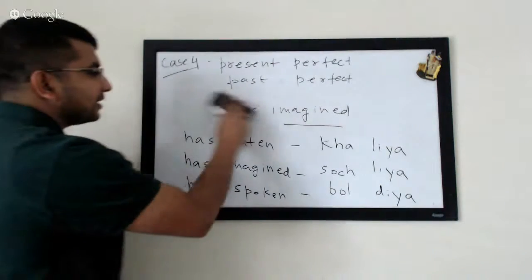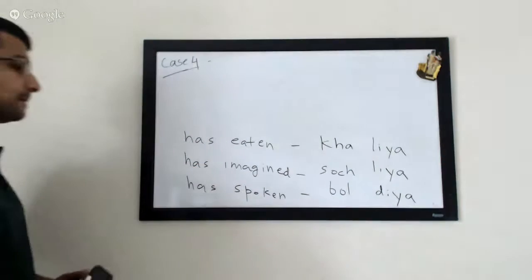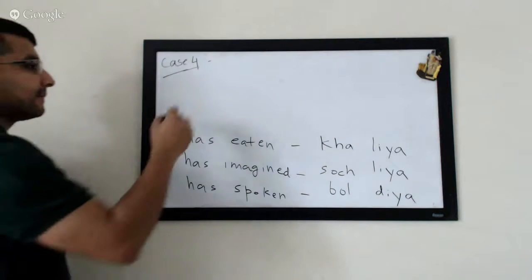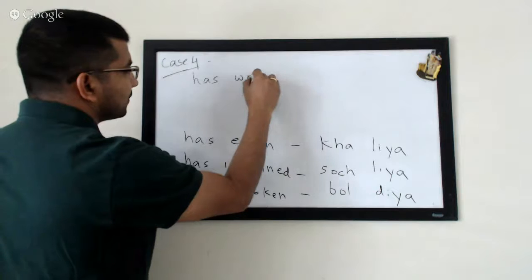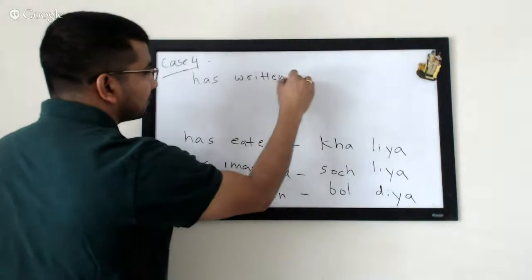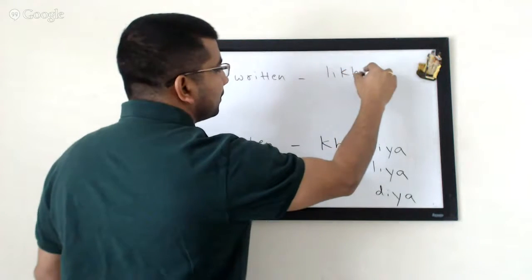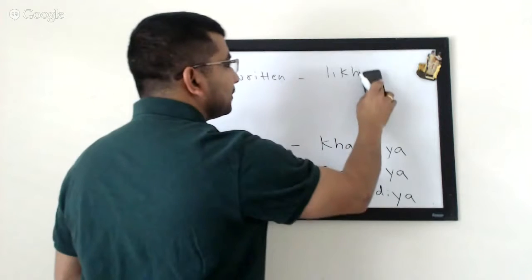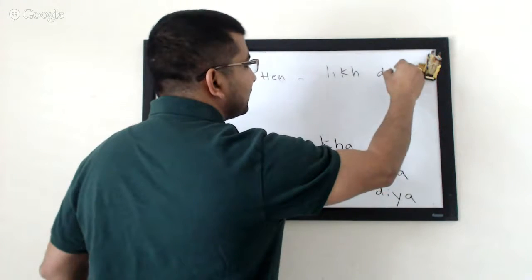Let me give you some more examples. Has written. To write is likhna, but when you say has written, it would be likh diya.